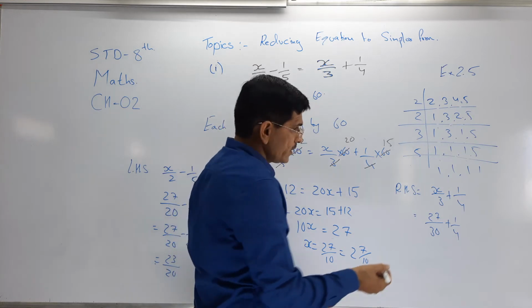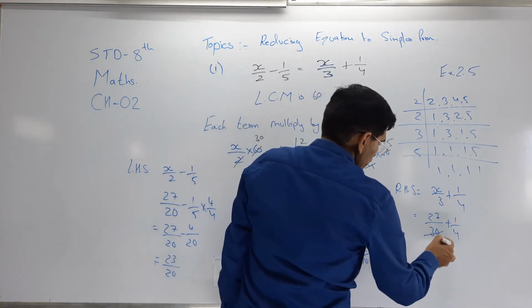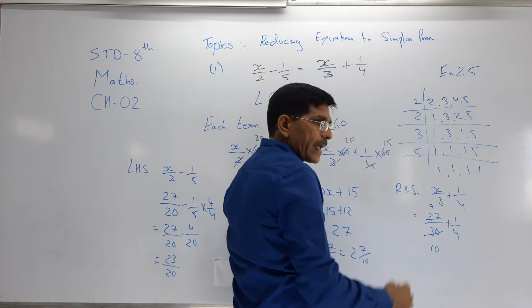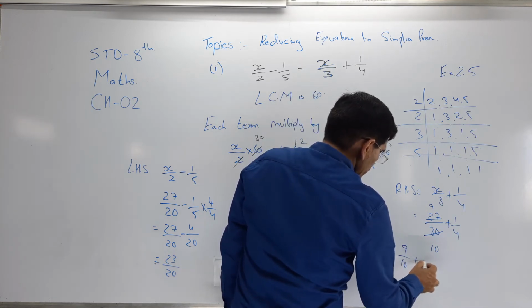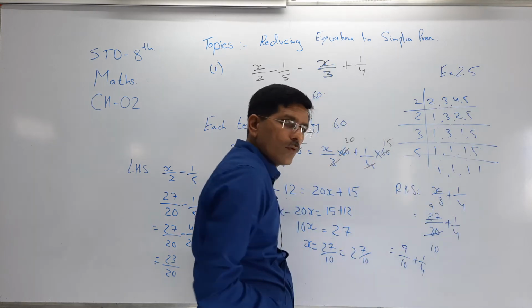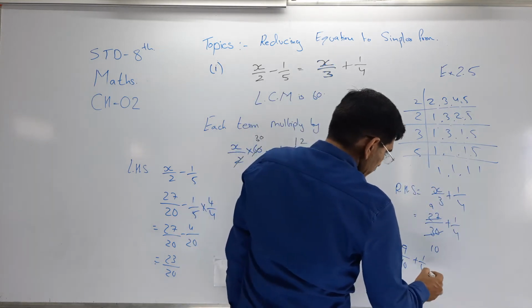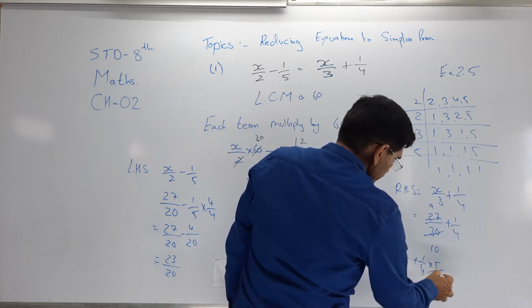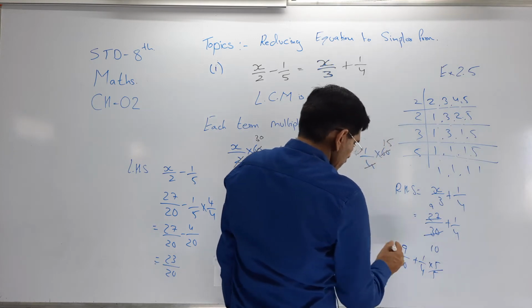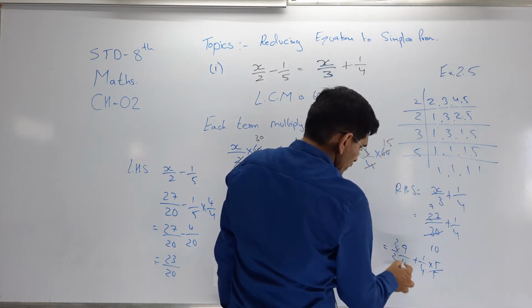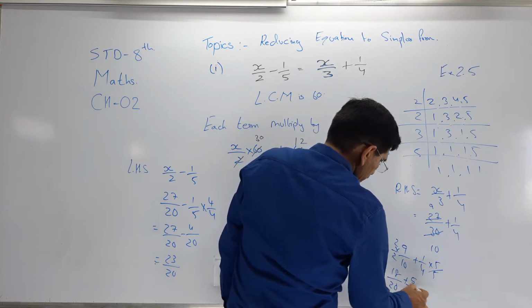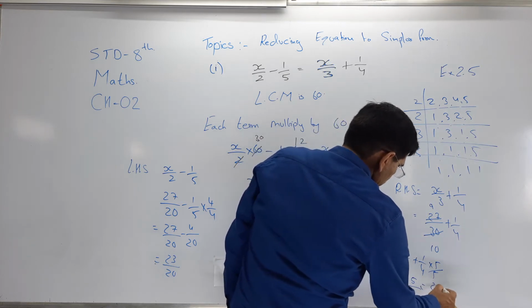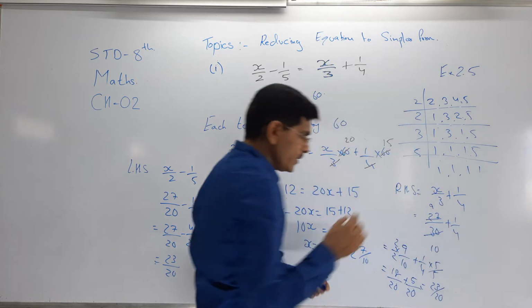Now, what am I doing? 3 10s are 30 and 3 9s are 27, so 9 upon 10 plus 1 by 4. LCM is 20. So, if I multiply by 5, and here multiply by 2, so 18 upon 20 plus 5 upon 20, that is 23 by 20.